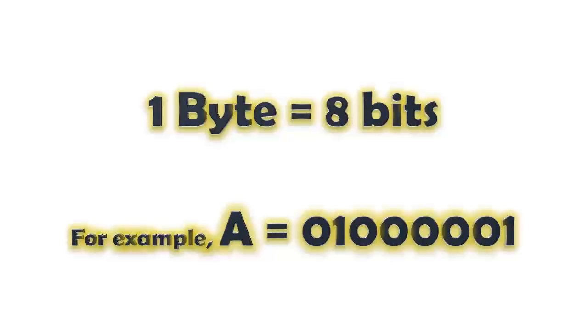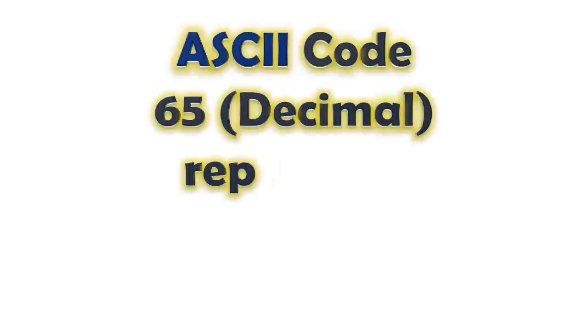One byte equals 8 bits. We all know bits are zeros and ones. So one character is stored in a byte in general. For example, the capital letter A is considered as 1 byte, which is represented as 8 bits in the computer memory.